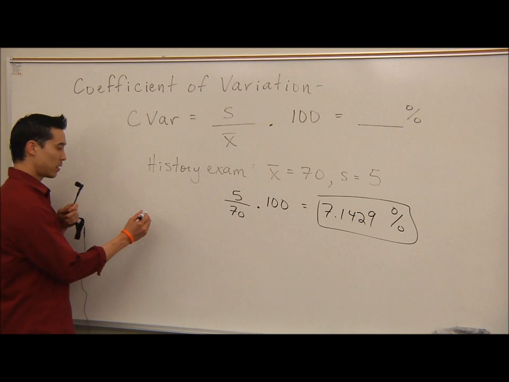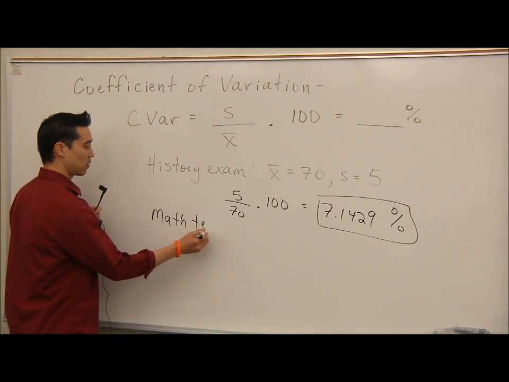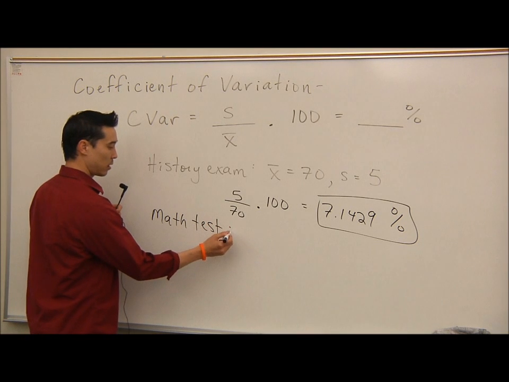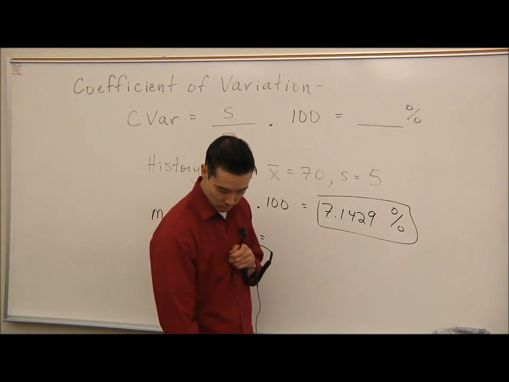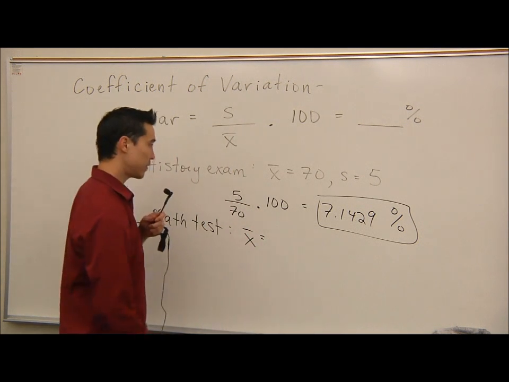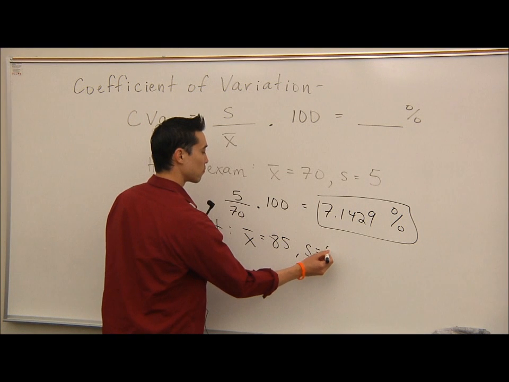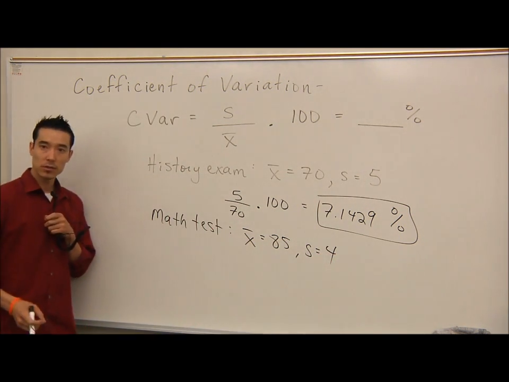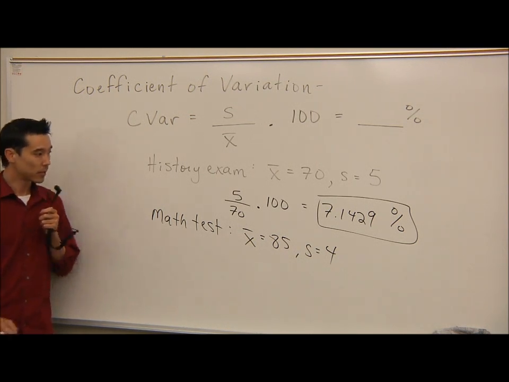Okay? I also said there was a math test. And on the math test, the mean was 85 and the standard deviation was 4. So utilizing that information, go ahead and compute the coefficient of variation for the math test. So again, very similar.